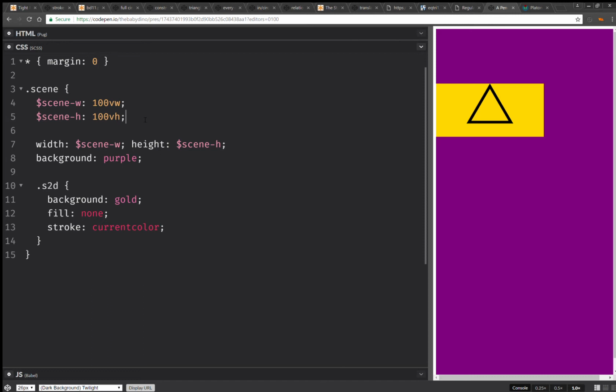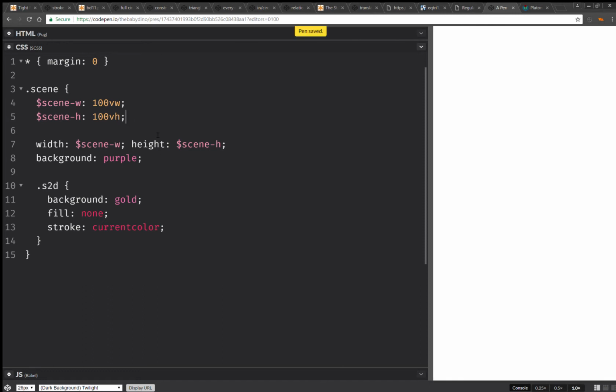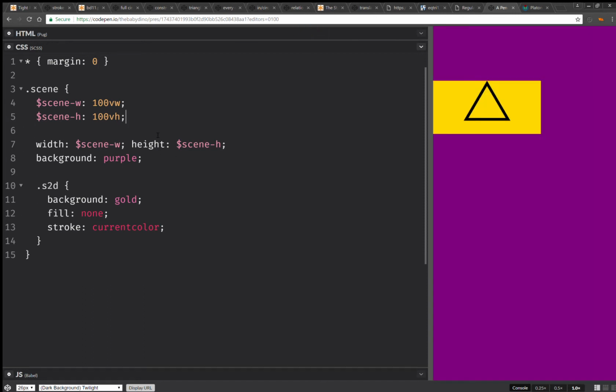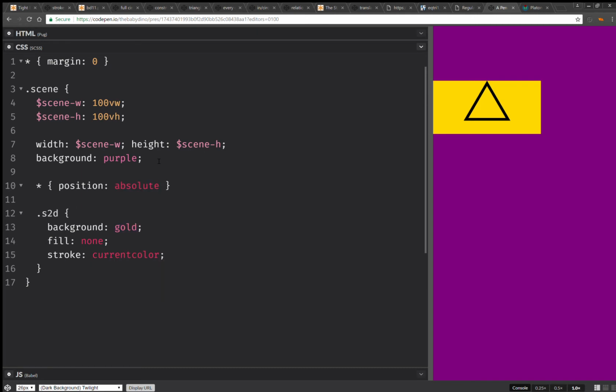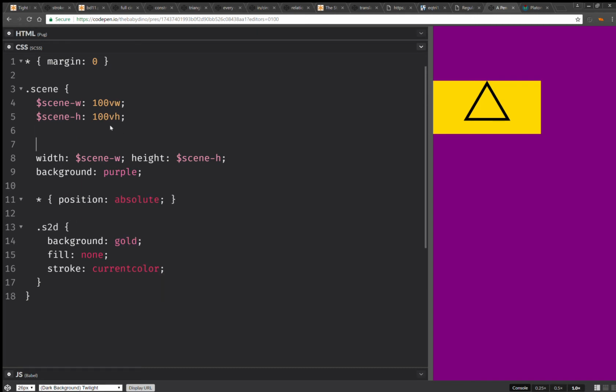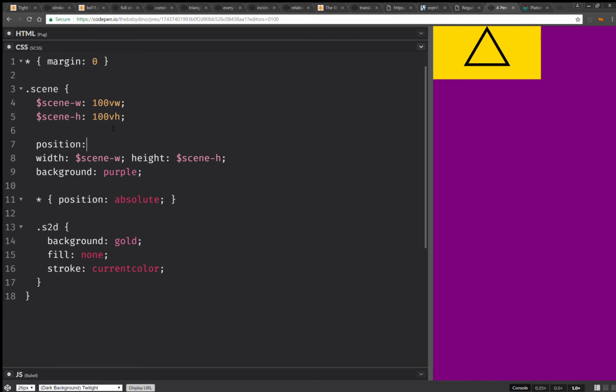Okay. Now, one more thing we're going to do here, not exactly here, make everything position absolutely. And here we're also going to need to set position relative.